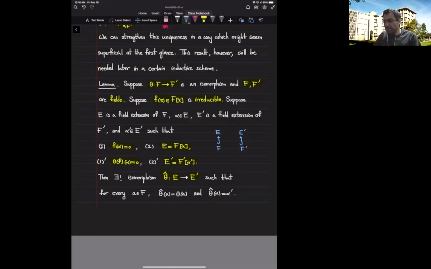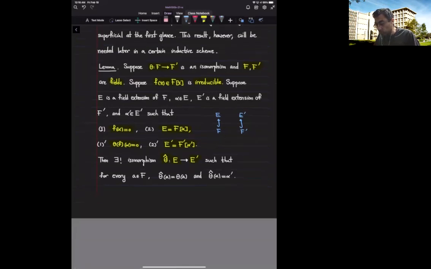So we have a copy of F inside E, and we have a copy of F prime inside E prime, and when we say that, this theta hat is supposed to be an extension of this theta that we have over here.